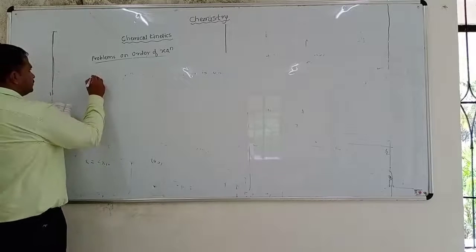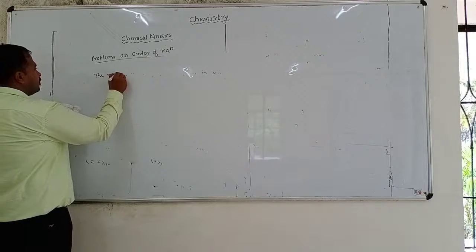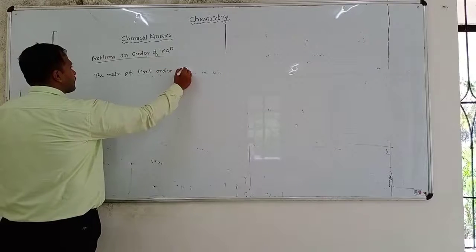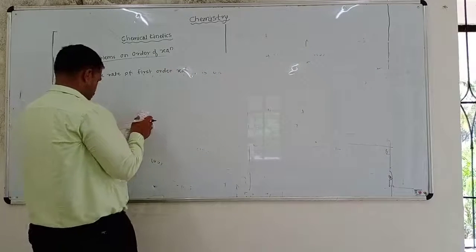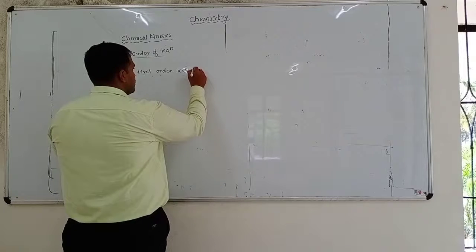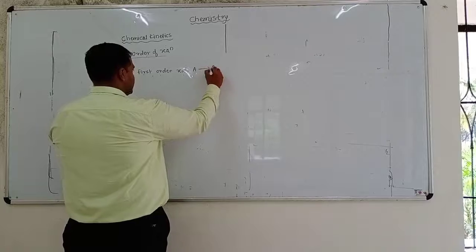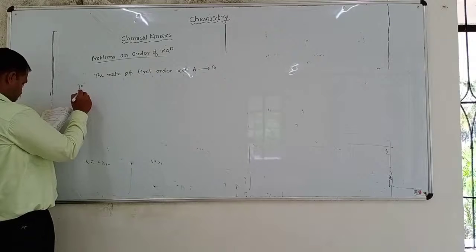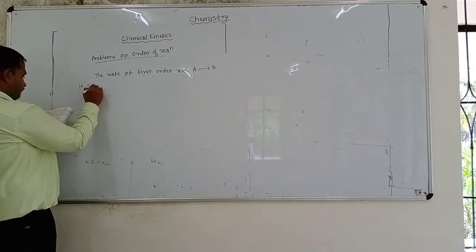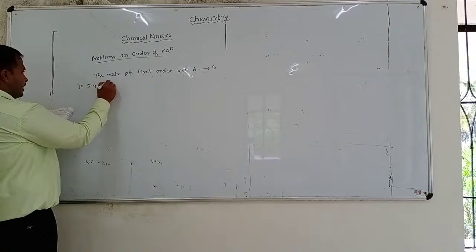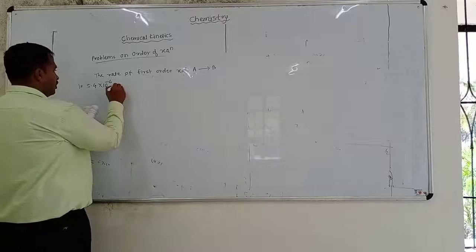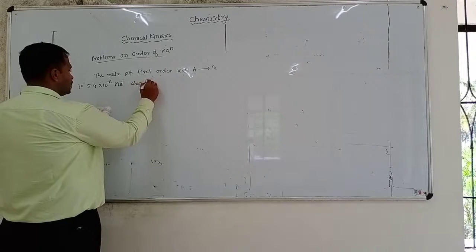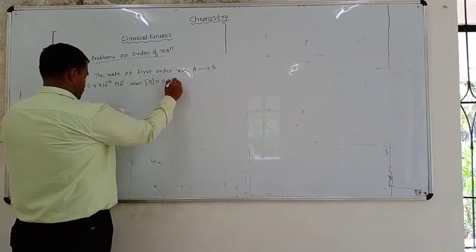The rate of first order reaction A gives B is 5.4 into 10 raised to minus 6 mole per second when concentration of A is equal to 0.3 molar.